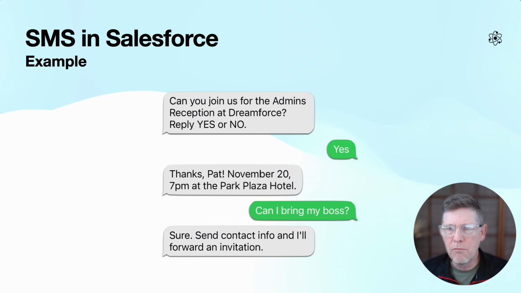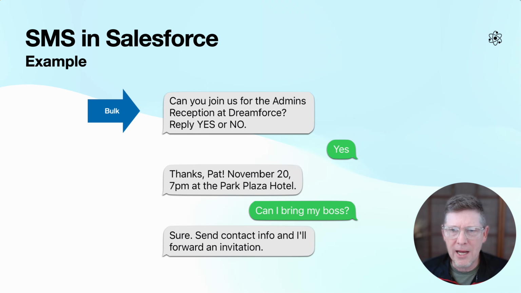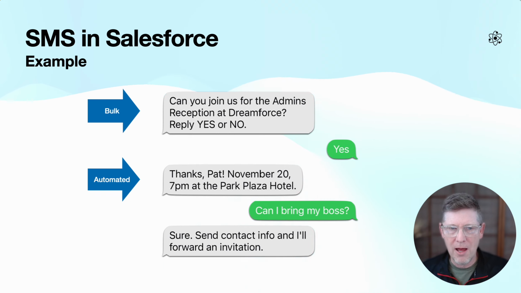So a few weeks before the event, you might get a bulk text sent out to tens of thousands of people in that admin track inviting you to a reception. So you respond yes, and with that response, you get an automated reply back that's personalized. They recognize your phone number, they can call you by name, and they give you the details of the event.